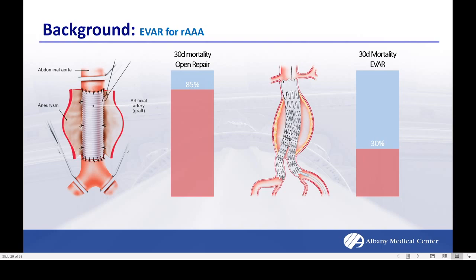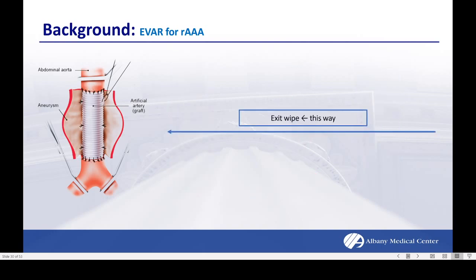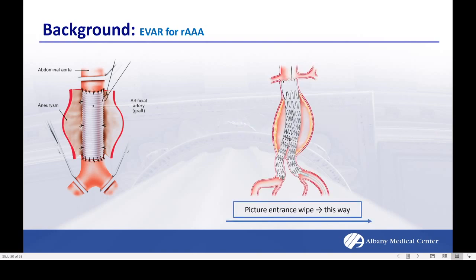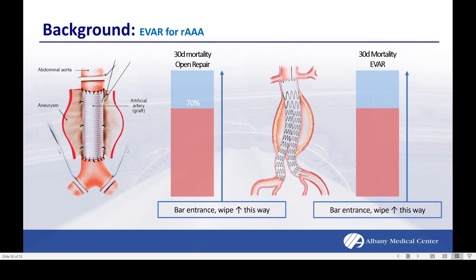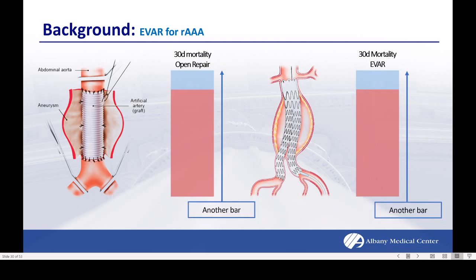Now, I'll show you how I did this. So I did that by just exit wiping everything to the left, and then entering the next picture by wiping to the other side. And then the percentage bars appear with wiping up, and then more bars appear by wiping up.